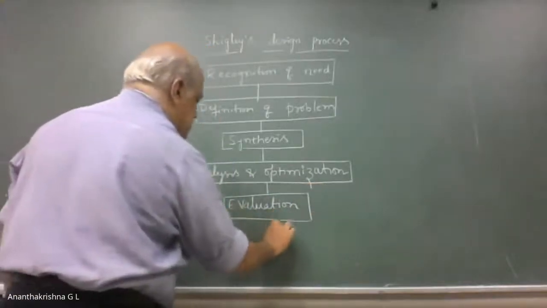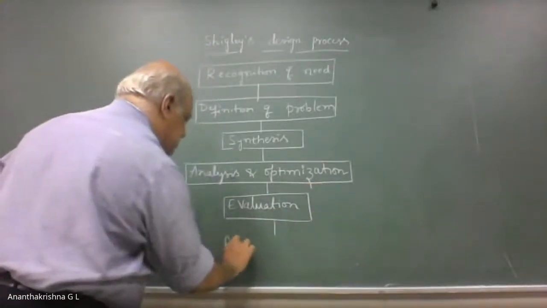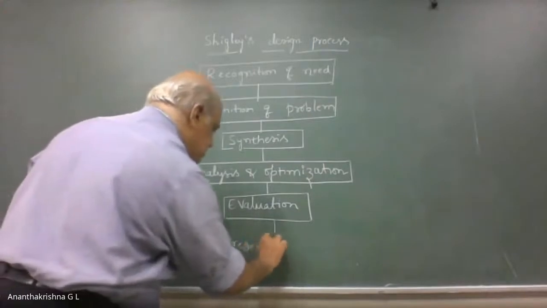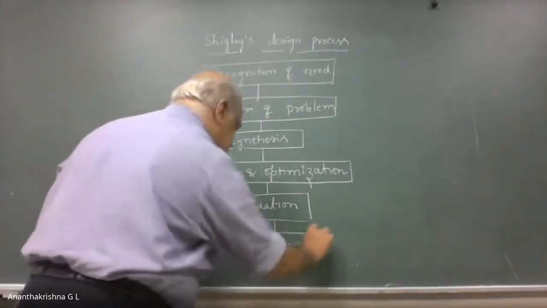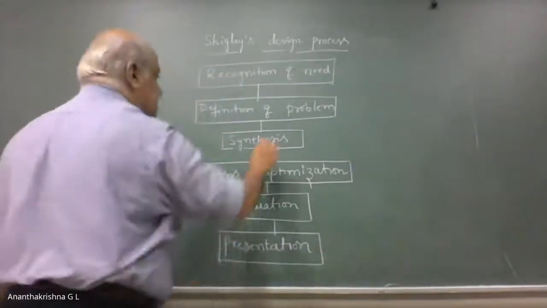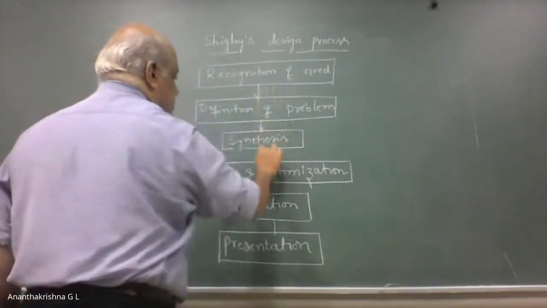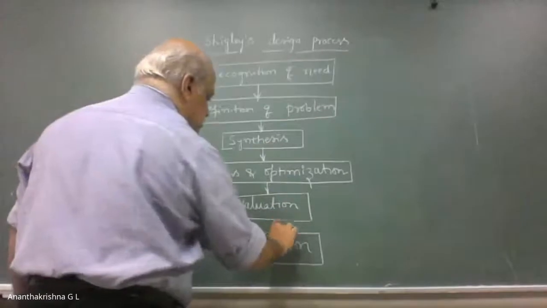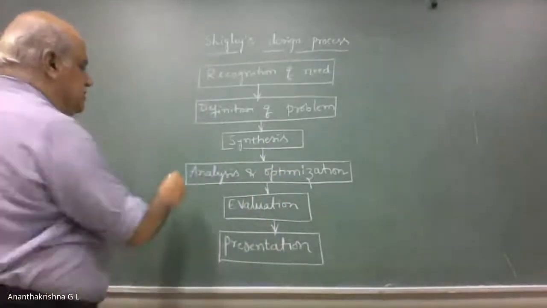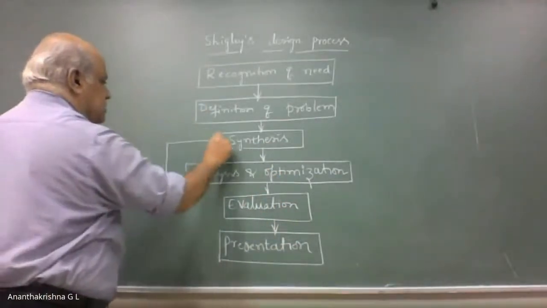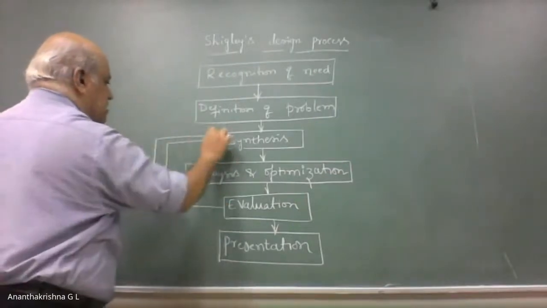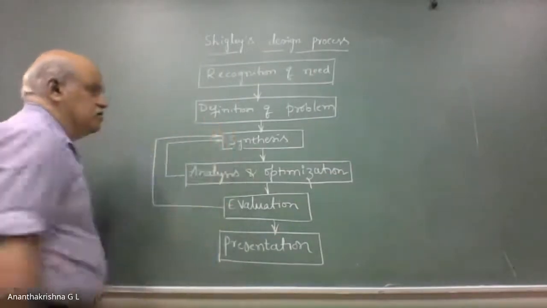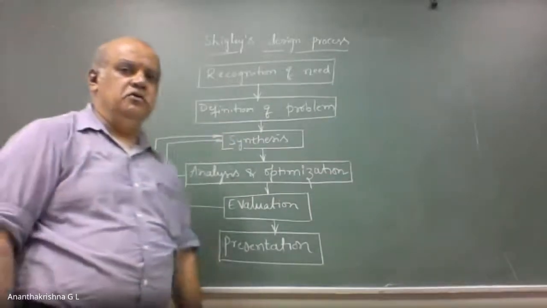And last step is going to be the presentation of the design. These are the 6 steps in the design process, universally adopted. So if there is any variation in analysis, the feedback is given to synthesis level, and also from evaluation, it will go to synthesis.